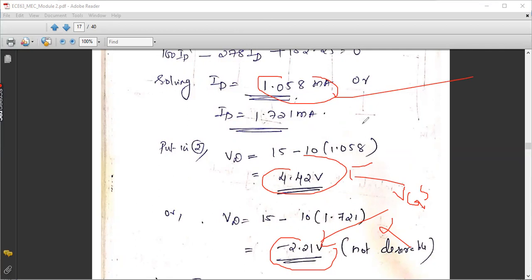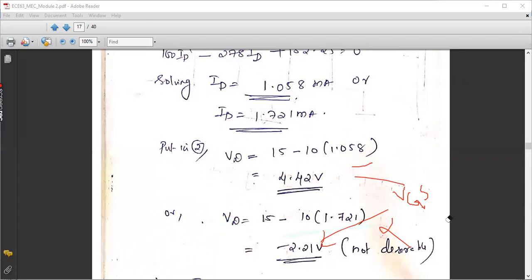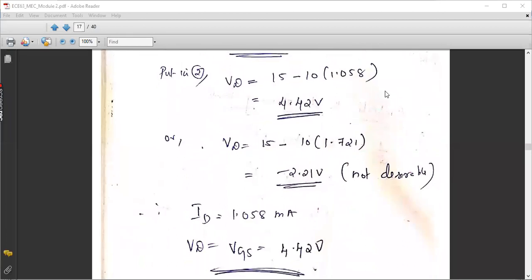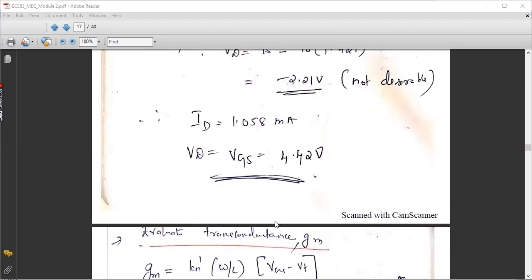Corresponding to 1.058 milliampere, we got positive 4.42, whereas corresponding to 1.721 milliampere, we got a negative voltage at the drain terminal, which in fact is the same as that of VGS. So I will fix ID as 1.05 milliampere and VD as 4.42 volt.